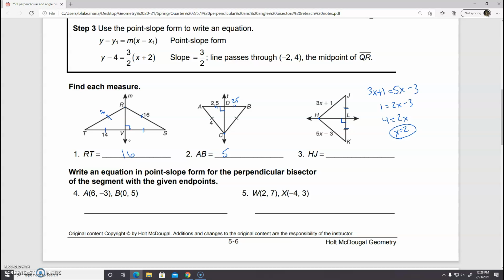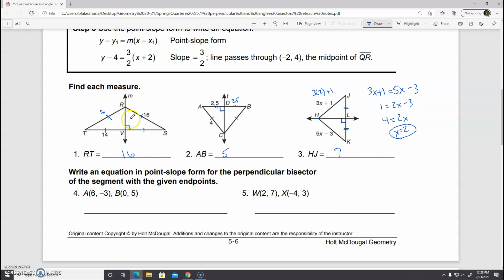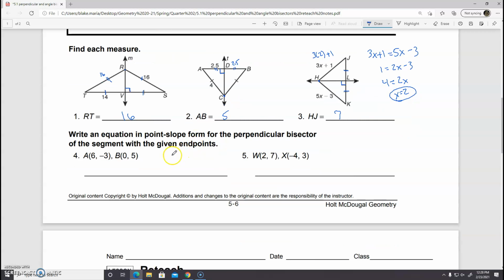So we've got to plug it in. 3 times 2 is 6 plus 1 is 7, which should be the same as HK. So that's using the perpendicular bisector theorem and its converse. So remember, 1 and 3 were both the perpendicular bisector theorem, and number 2 was using the converse. So just if you want to see how they're different and how they work.